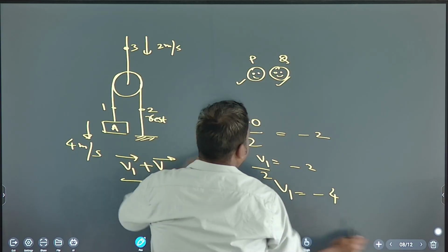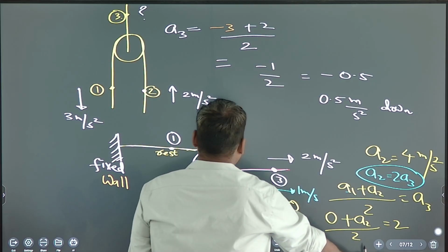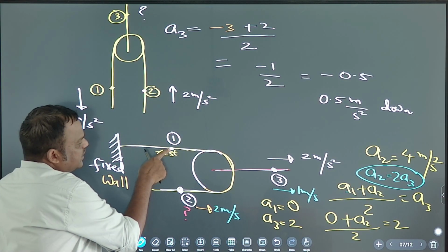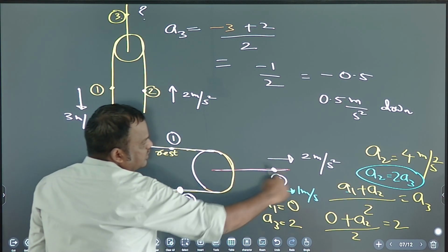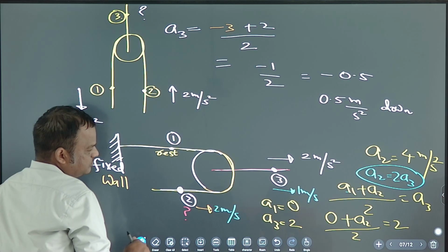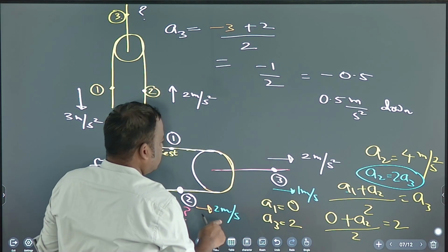We have done this. See this example. Yeah, this type. If this is at rest, this is going with 2, so this is going with 4. Correct.